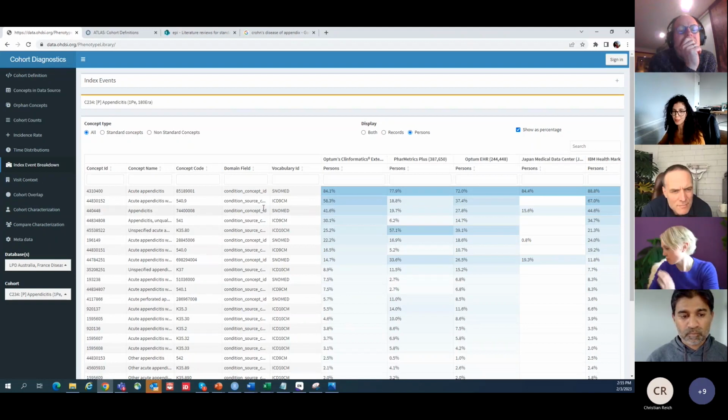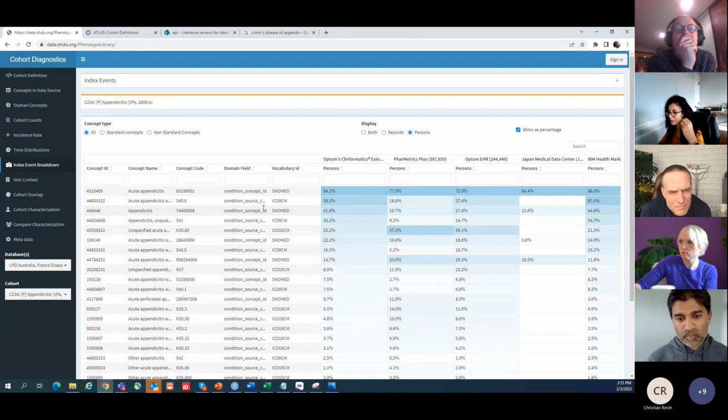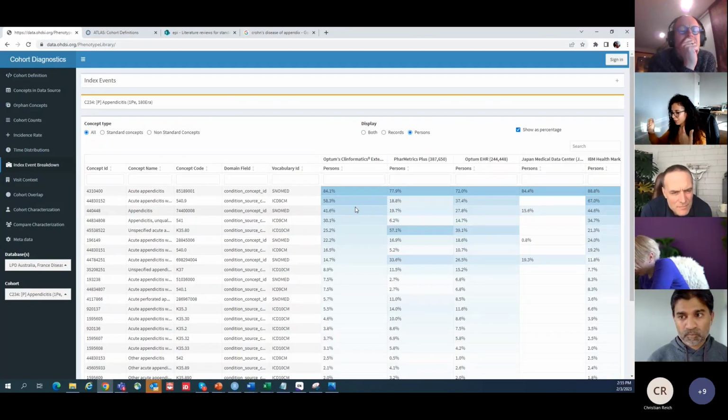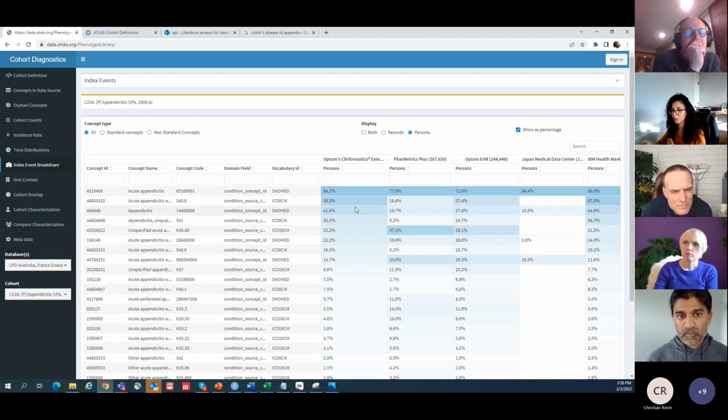That gives me the distribution of all the concepts in the included list and how it manifests in the data. In this case, I can look at those that played a role in the inclusion of people. So if there's a code that has no people, or was not a cause for somebody to come in, I don't have to dwell too much on whether to include it or not.